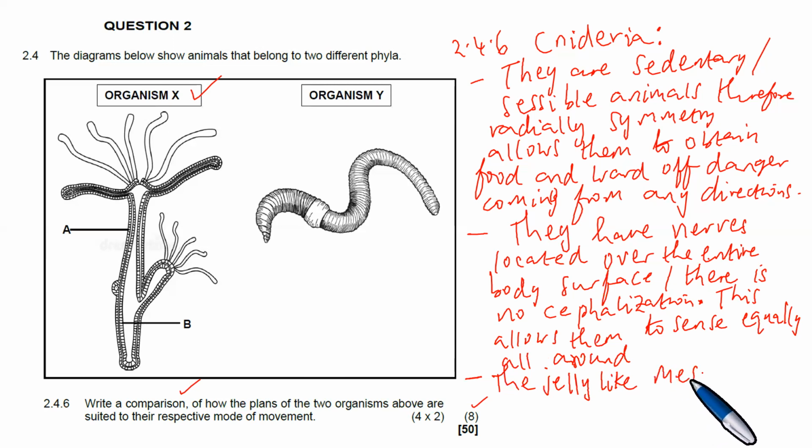There's something called the mesoglea, so the jelly-like mesoglea has a network of nerves that enables.